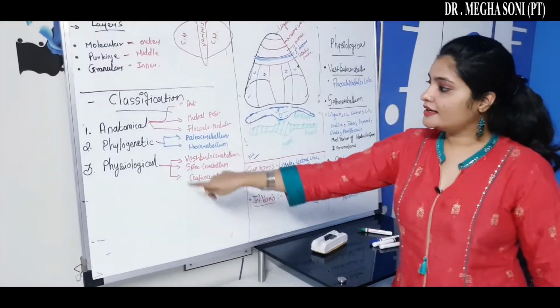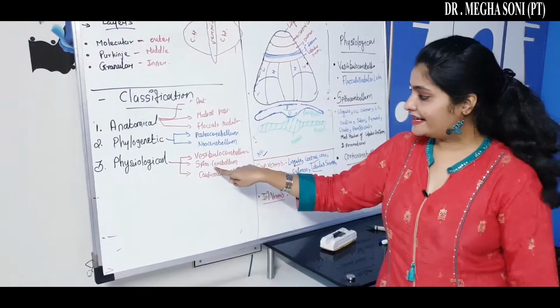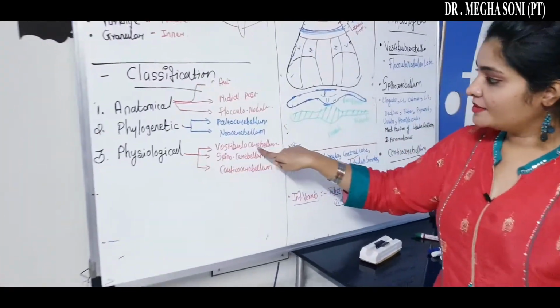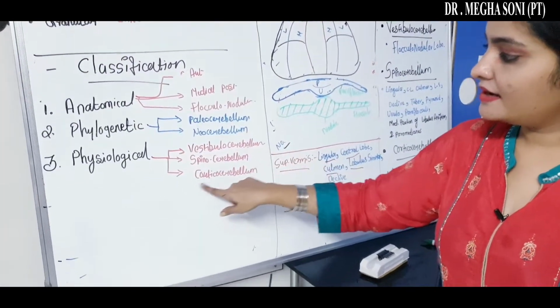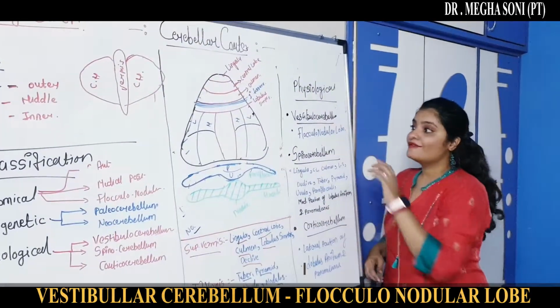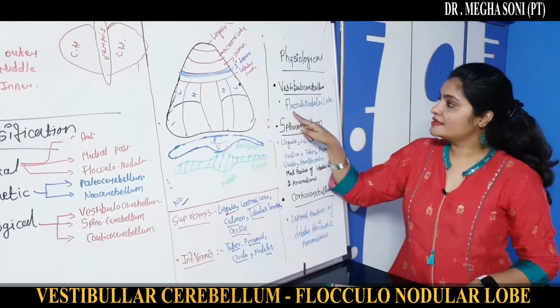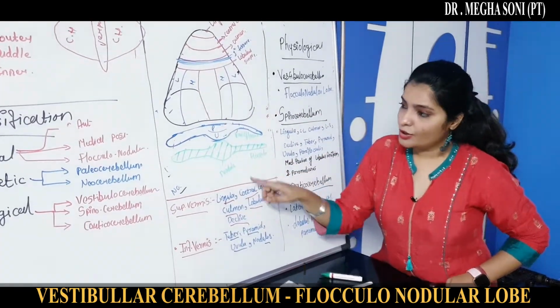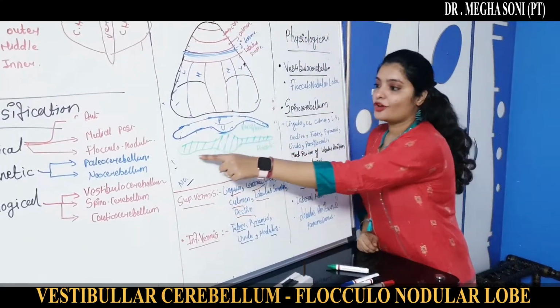Physiologically it is subdivided into three: vestibulocerebellum, spinocerebellum and corticocerebellum. So what is vestibulocerebellum? Vestibulocerebellum consists of the flocculonodular lobe. So this is the flocculonodular lobe.